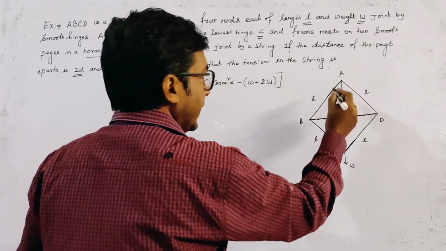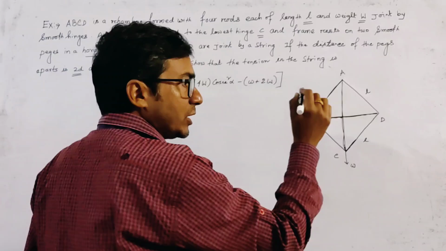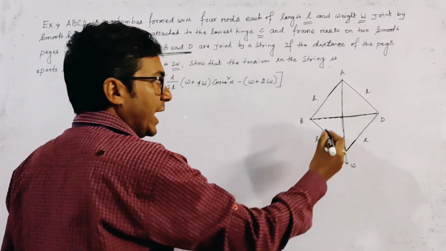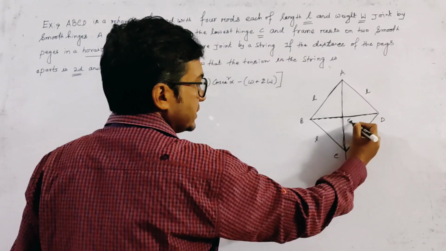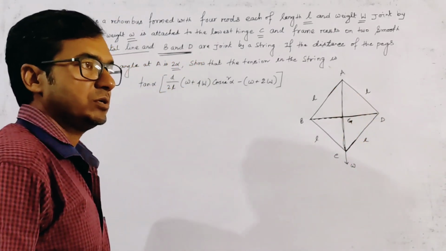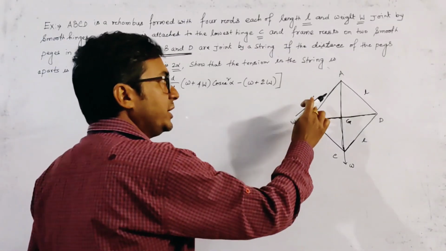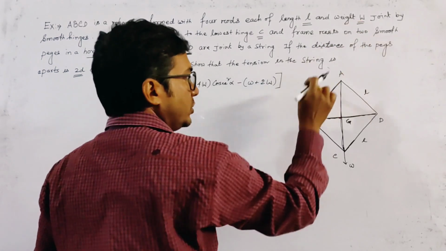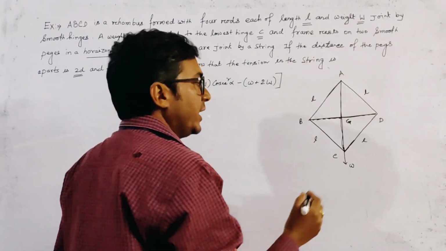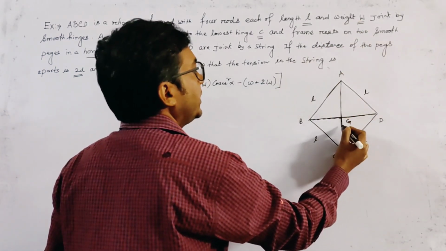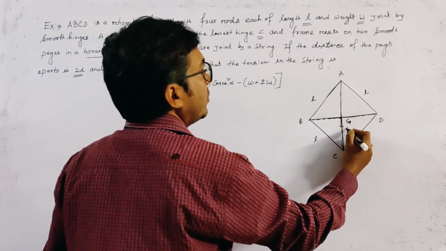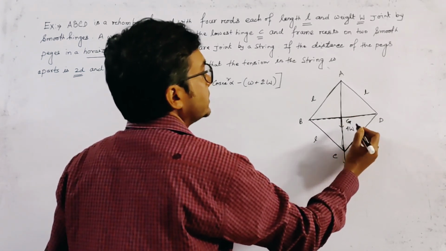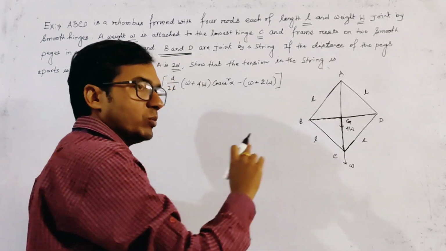We know that AC and BD are the 2 diagonals of the rhombus, and the intersection is the center of gravity of the rhombus. The weight of each rod, that is 4W in total, acts through the center of gravity of the rhombus. So this is the point of action of 4W, and this acts vertically downwards.